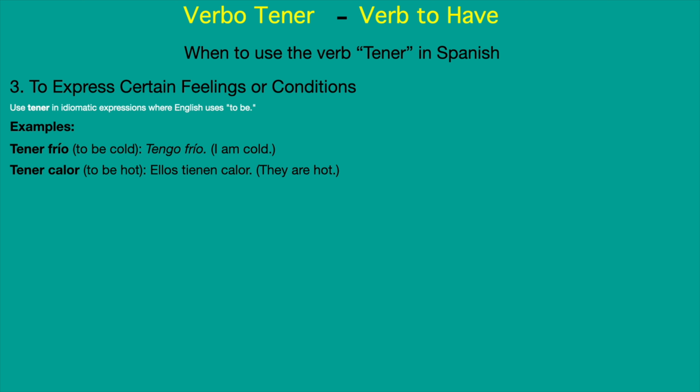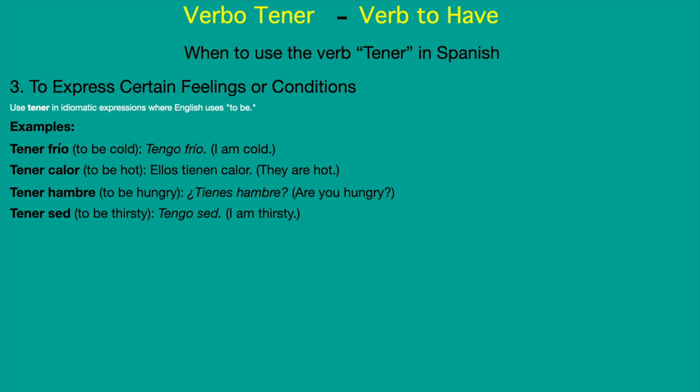Here we have another one, tener calor. Ellos tienen calor. They are hot. Also we have hungry, or thirsty. You say tener hambre. Yo tengo hambre. Tú tienes hambre. Here you can see again that in English we use the verb to be. Tener sed, thirsty. So, tengo sed.